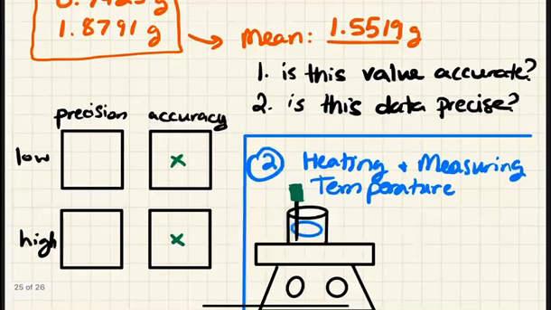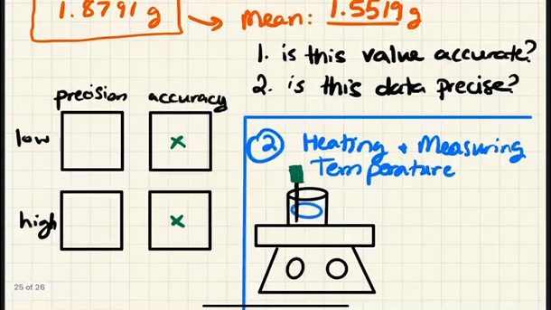So let's imagine we have measurements that are spread out in a pattern that look like this. Here I'm going to use pink for this. All of these data points are not very close together, and that would represent a low precision sample data collection.